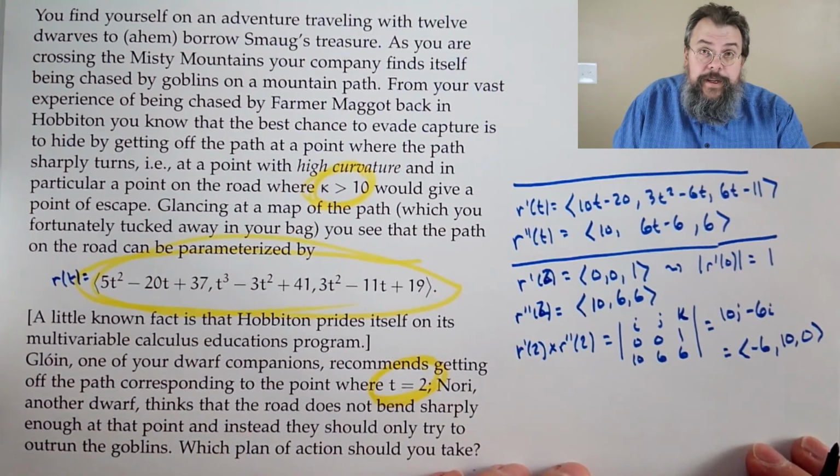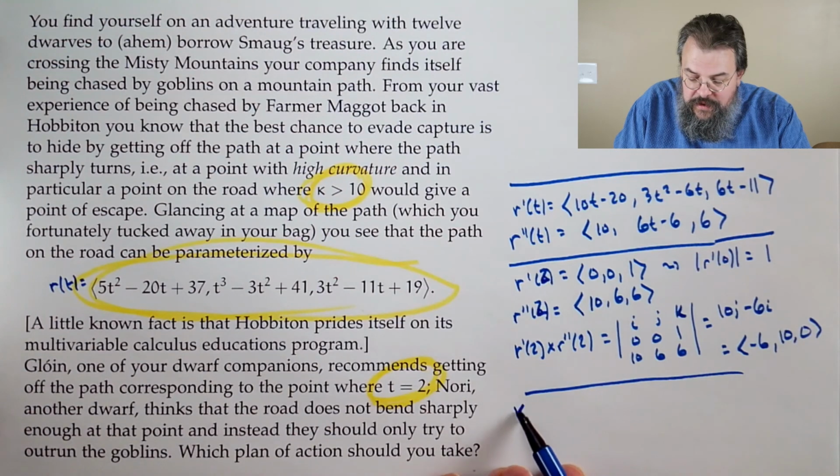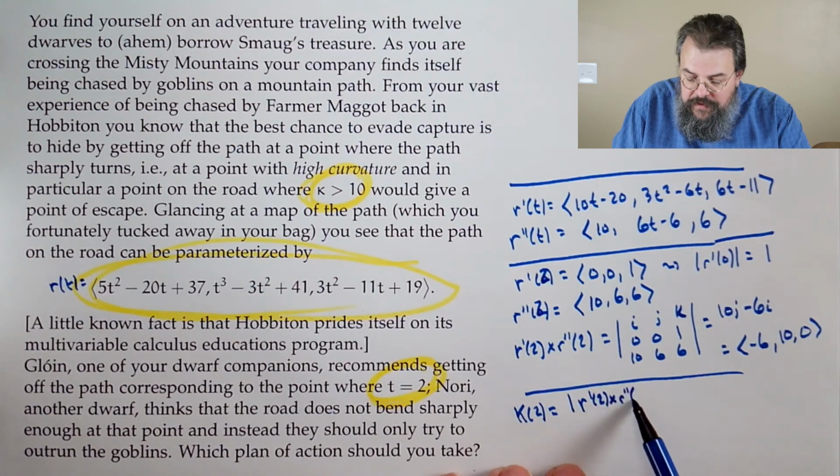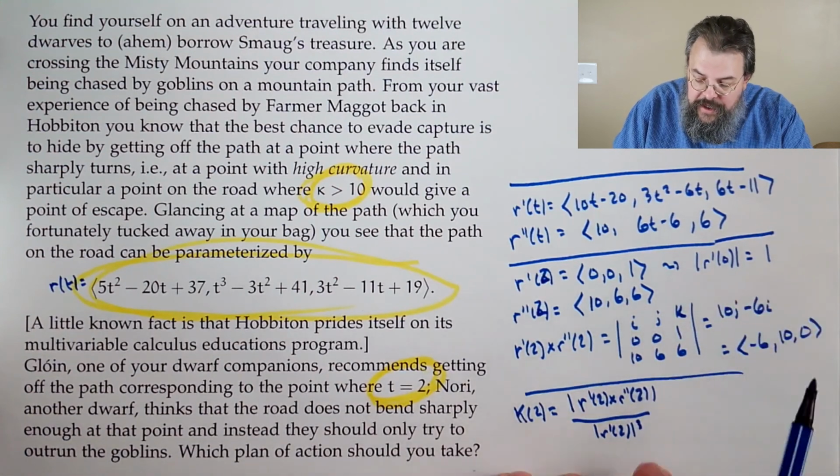So to finish off, we say, look, our curvature at time 2 is equal to the magnitude of r prime of 2 cross r double prime of 2 divided by the magnitude of r prime of 2 cubed. Well, the denominator is 1.